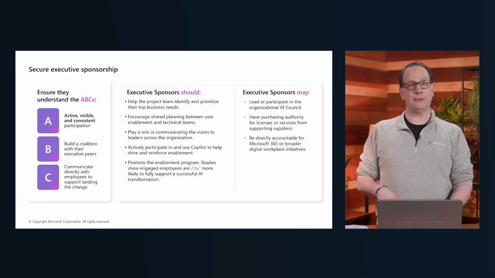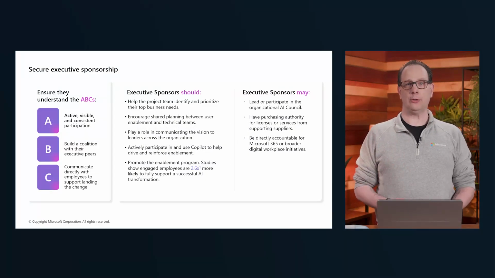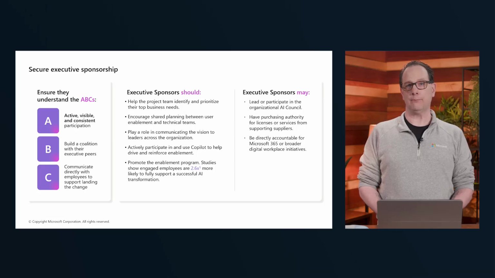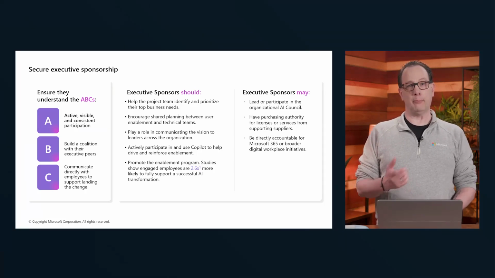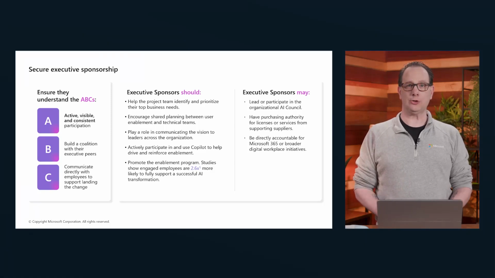A means they have to understand the active, visible, and consistent participation as part of the project. B reflects the focus on building and keeping that continuous coalition within the peers. And then C emphasizes the importance of communication.